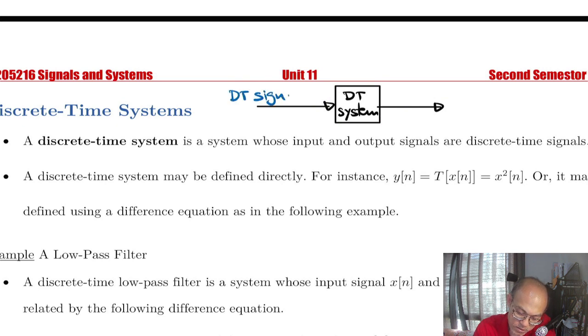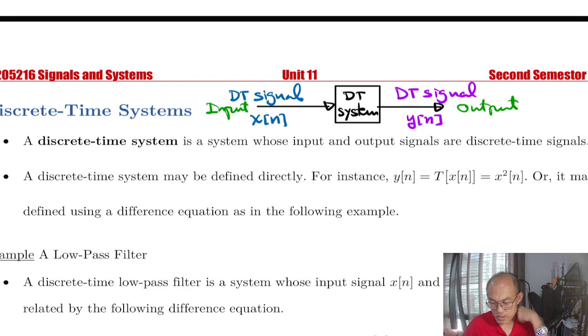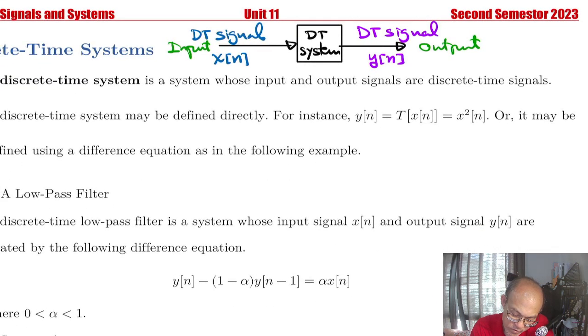So the input is a discrete time signal, and we denote it by x[n], and the output is also a discrete time signal, and we denote it by y[n] as the output. This is the output, this is the input. This is a discrete time system. We usually name it T for discrete time system.